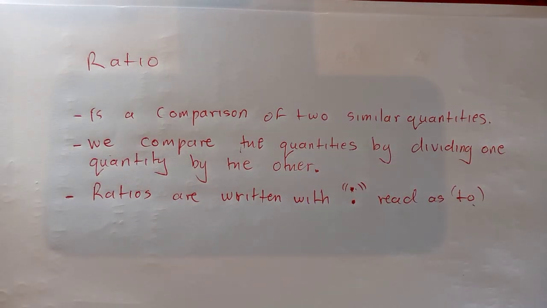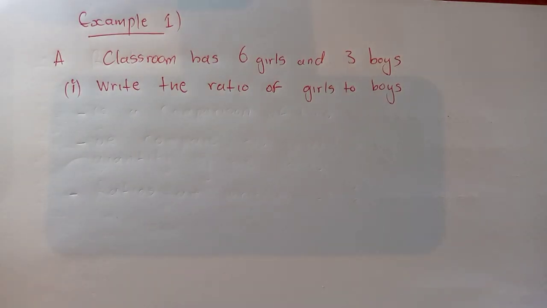Now let's look at an example on how we can apply these ratios. Our first example says a classroom has 6 girls and 3 boys. Write the ratio of girls to boys.